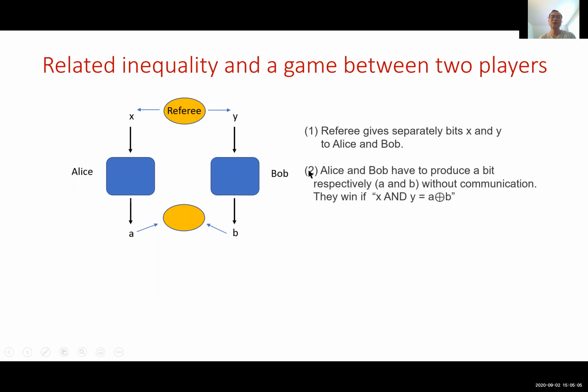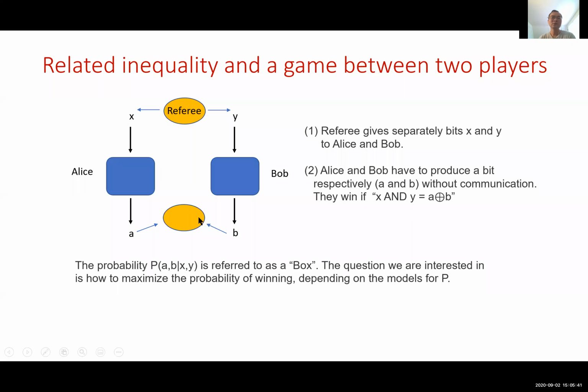And Alice and Bob need to each produce a bit. Alice produces a bit A, Bob produces a bit B. To win the game, they need to produce the 2 bits, A and B, such that A adding B, the binary addition, should equal the AND of the 2 variables X and Y. So that's the game.